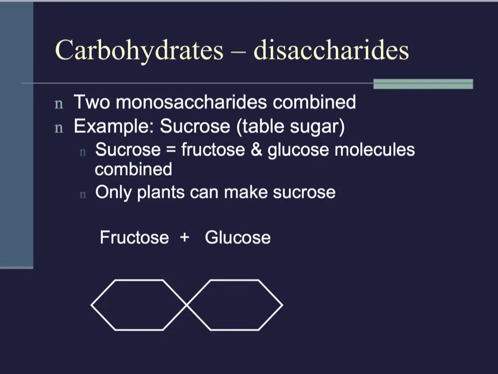Two monosaccharides can combine to form a disaccharide. Di actually means two. So you can see right here, fructose is a monosaccharide, glucose is a monosaccharide. They actually bond together to form sucrose, which is a disaccharide. Two monosaccharides bonded together.